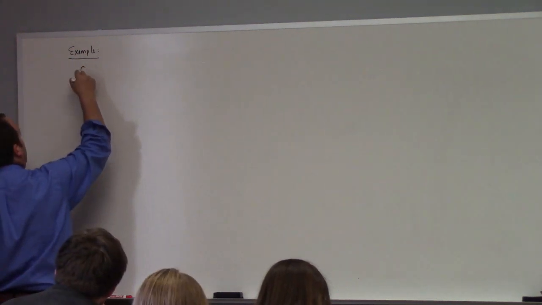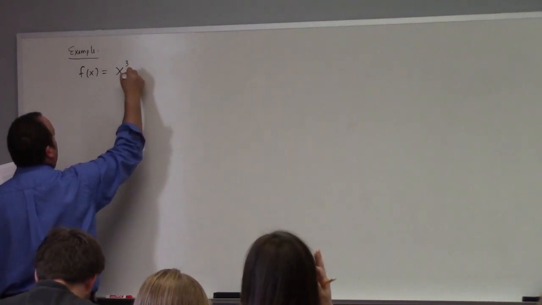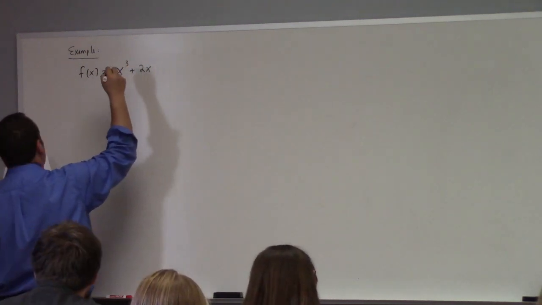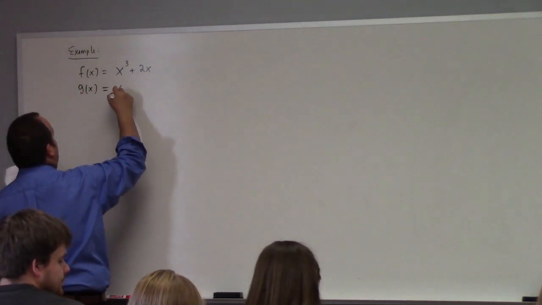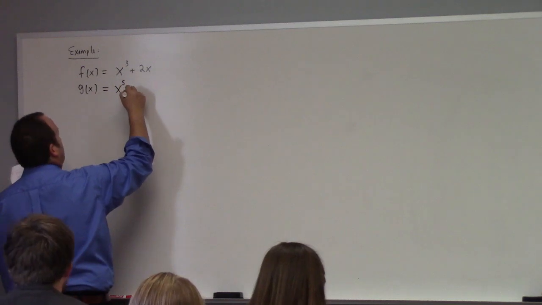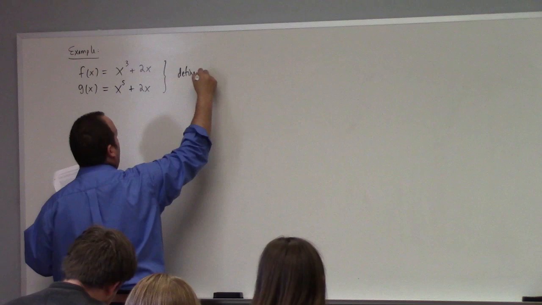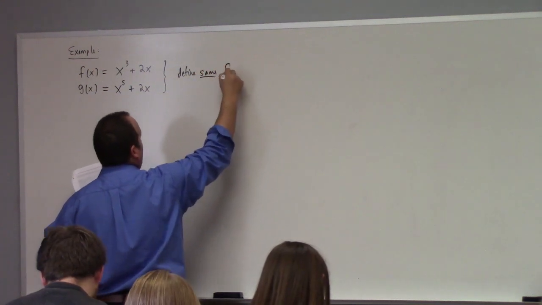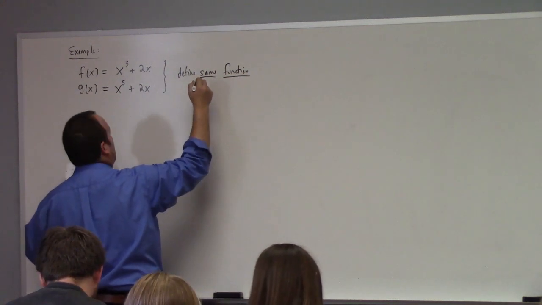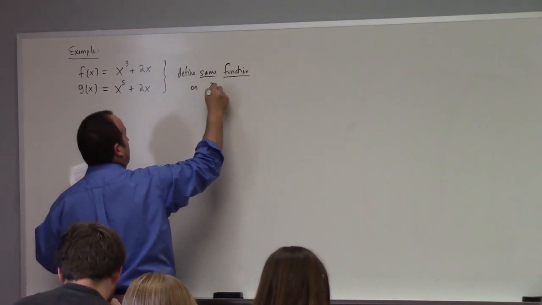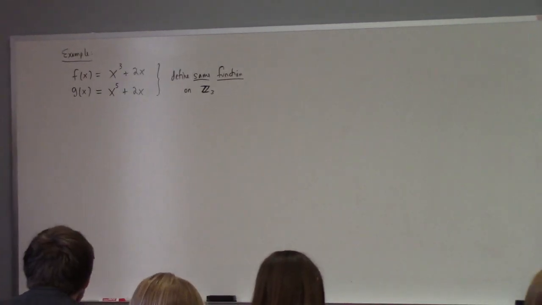So the functions f of x equals x cubed plus 2x and g of x equals x to the fifth plus 2x. These actually define the same function on Z3. All right, so how can you check that these are the same function on Z3?